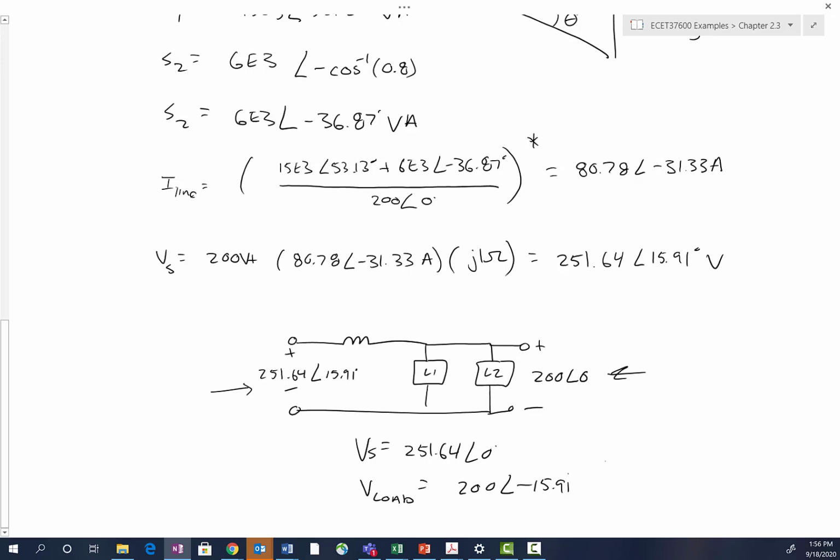If you did that, you'd have to redefine I line as well as 80.78 at an angle of, we need to take 15.91 off of this, so it gets more negative, 47.24 amps. That would be fine too. Any of those formulations would work because of the relative nature of phase angle.